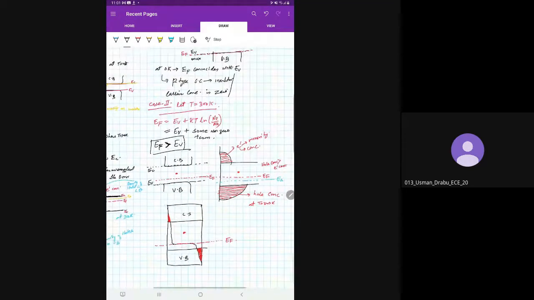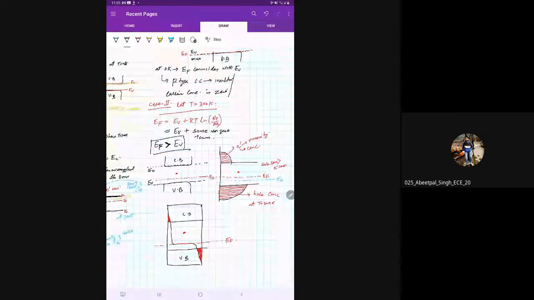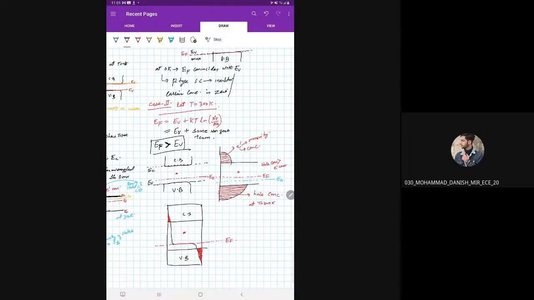Is it fine? Up to here, do you have any questions? Roll number 21. No, sir. What about 25? Do you have any questions? Roll number 30. No, sir. 45.